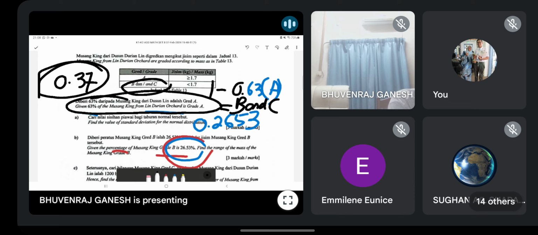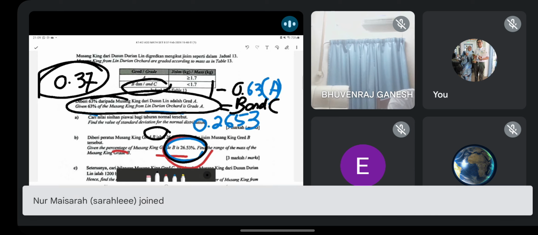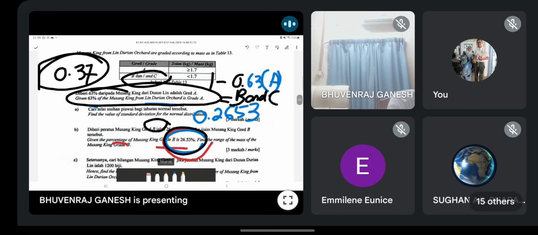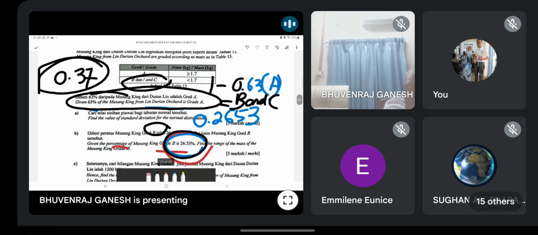So now they tell you grade B is 0.2653. Okay, so then from this value, you can find out, let me see, find the range of mass. Wait, why did they never directly use grade B, C?